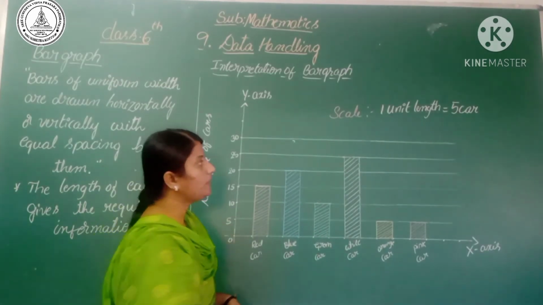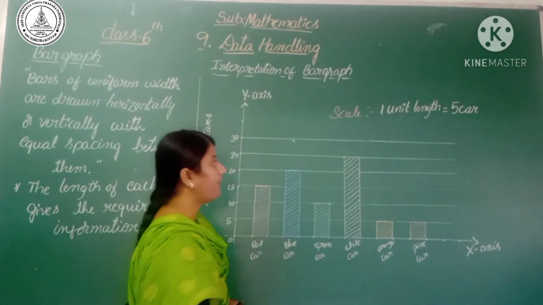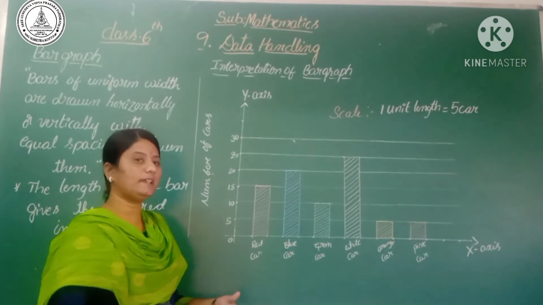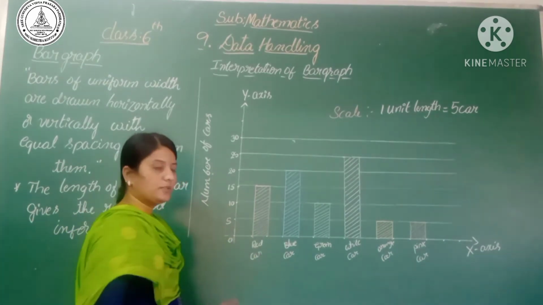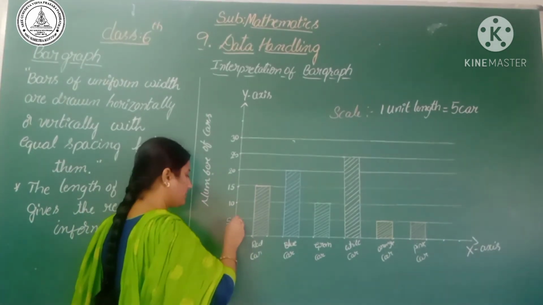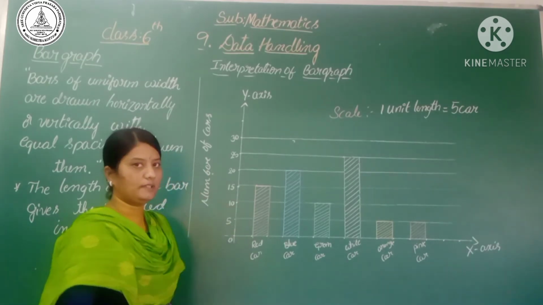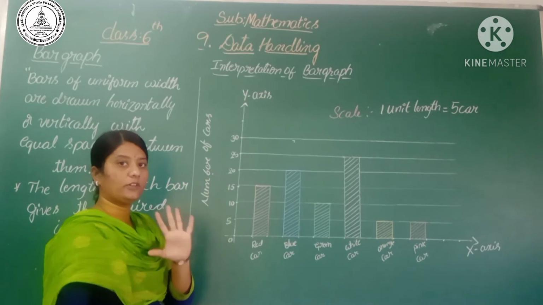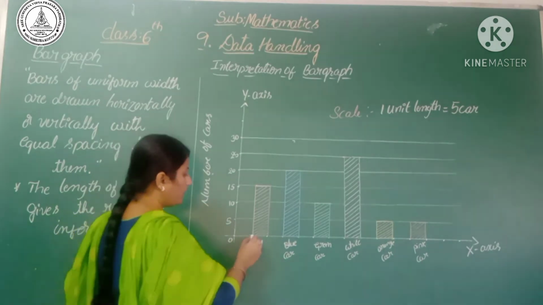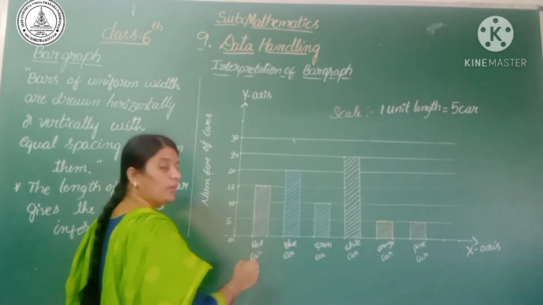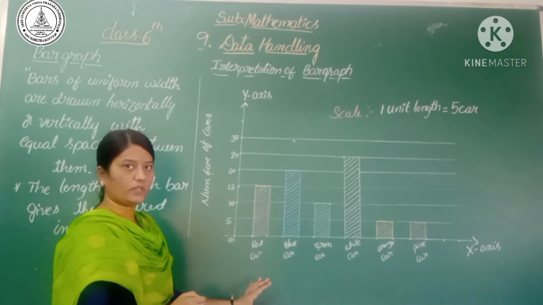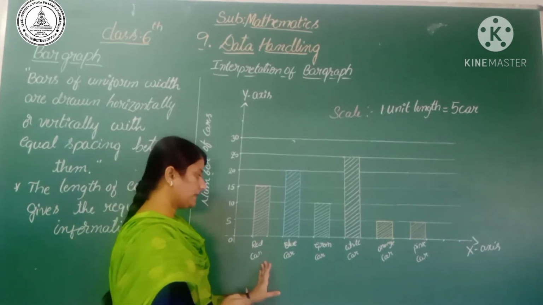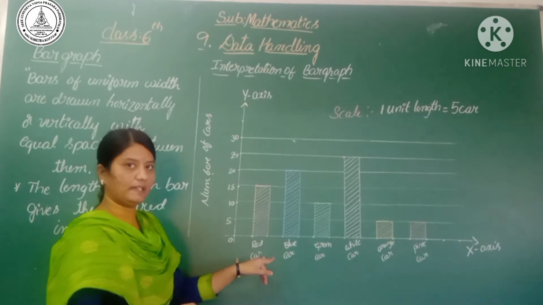So 1 unit length is equal to 5 cars. We know that a unit length means 0 to 1, so here we have taken 0 to 5 as 1 unit length. So 1 unit length is equal to 5 cars.